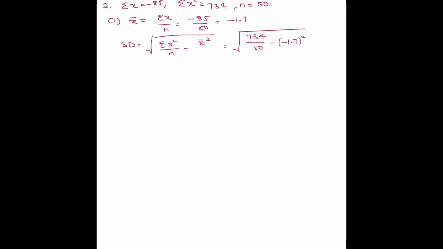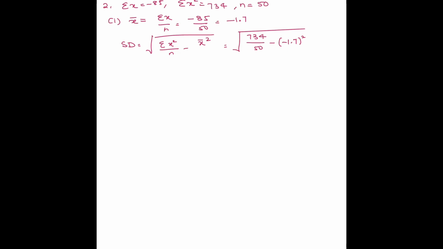Now standard deviation: square root of sigma x squared over n, minus x bar squared. Let's try that. So it's the square root of 734 over 50 minus negative 1.7 squared. Remember to keep negative values always in the bracket.